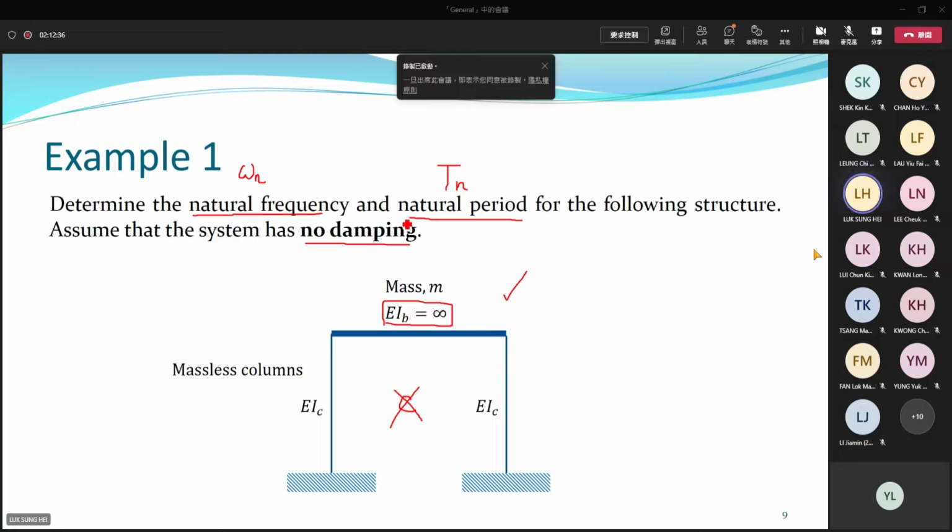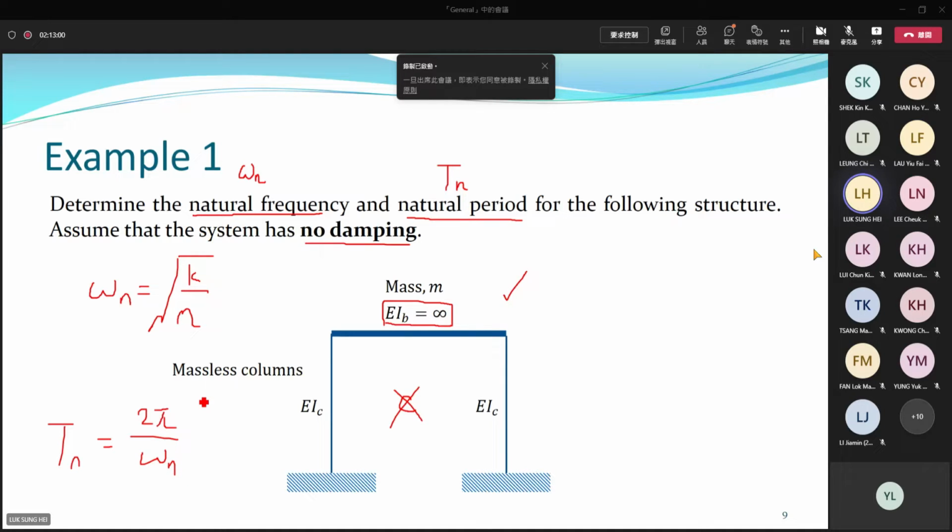If you remember the formula, this becomes a very simple example, because omega n is equal to square root of k over m. Period, by definition, is equal to 2 pi over omega n.